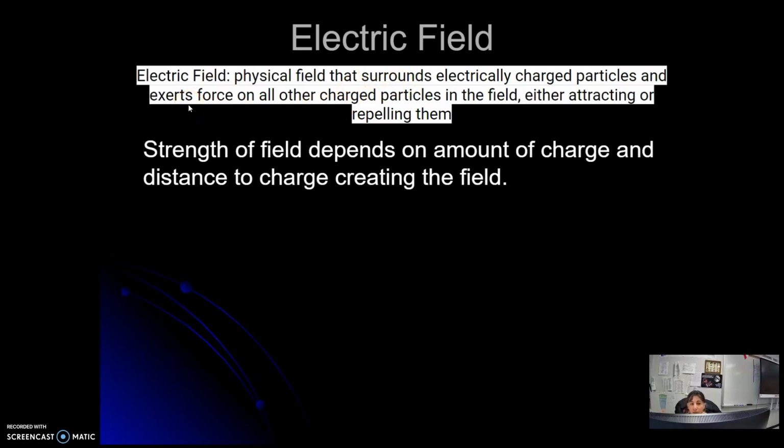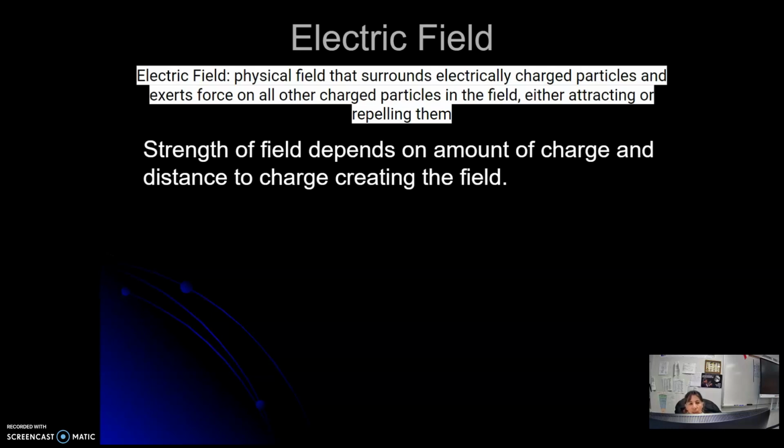And as a result of this electric field, anything that is placed in this electric field will experience a force, either an attractive or repulsive force, depending on the charge.